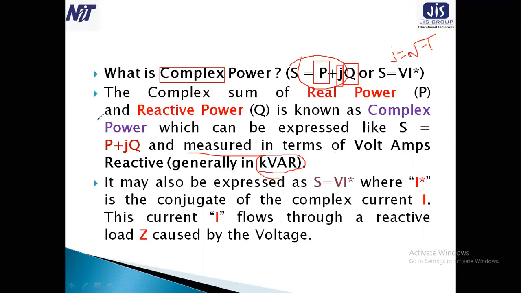This is the measure of the reactive power. It may also be expressed as S equals VI star, where I star is the conjugate of the complex current I. This current I flows through a reactive load Z caused by the voltage. So we can represent the complex power with S equals P plus JQ or S equals VI star, where I star is the conjugate of complex current I.